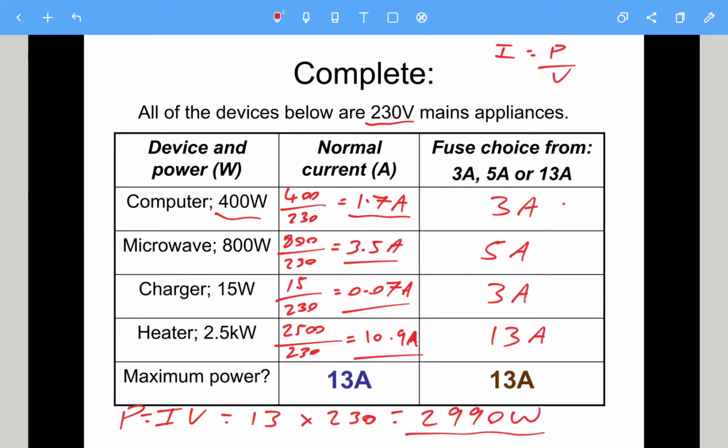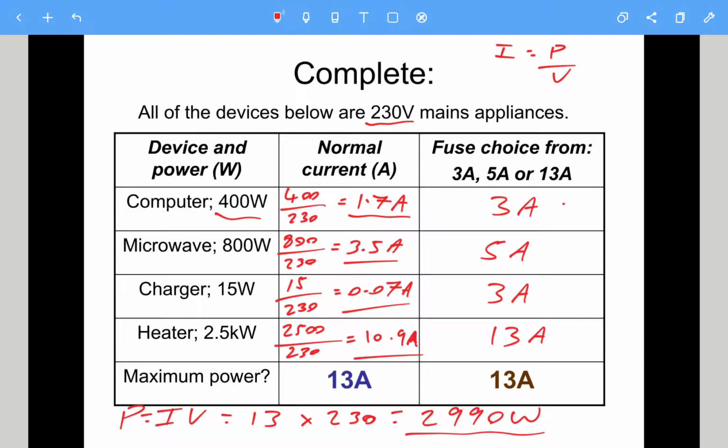If you need more than that, you might need a double plug setup, or it might need some kind of special wiring like a cooker, for example. The only time I've seen a double plug set up in a house is a carpet cleaner. It will clean my carpets. That ran at 5 kilowatts, so it needed 2 plugs to get more than the allowed 2,990 watts.